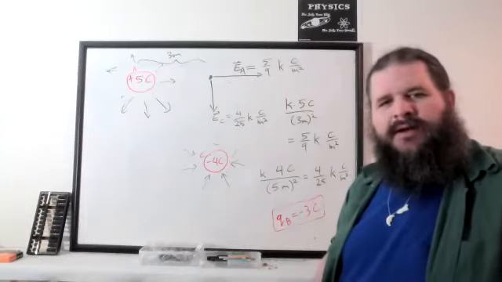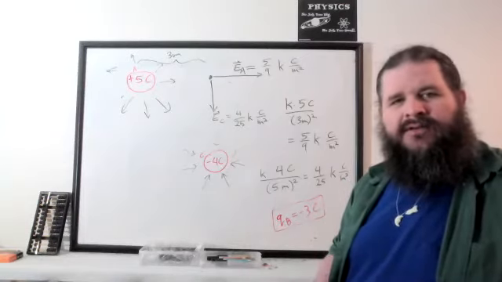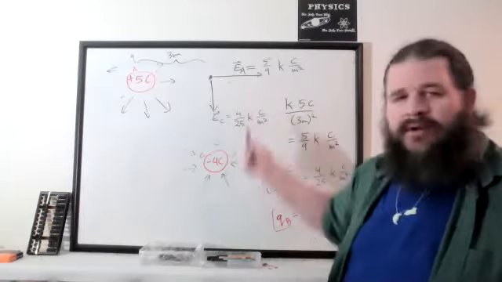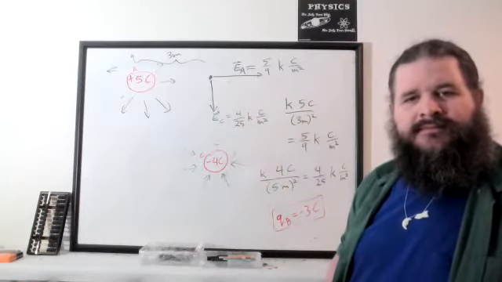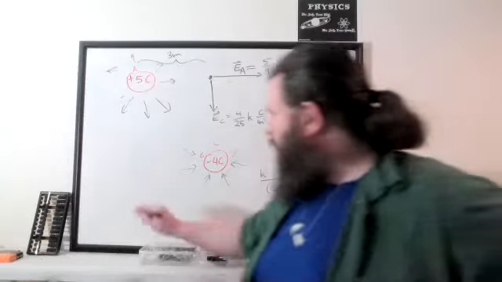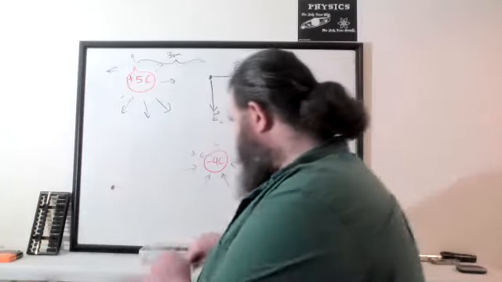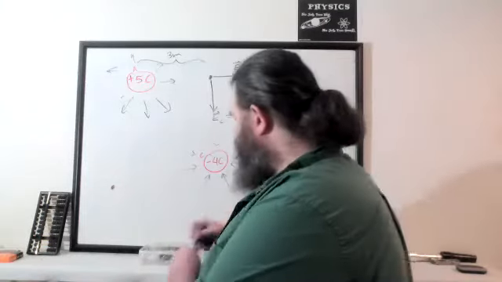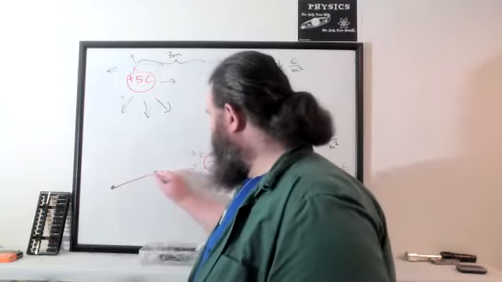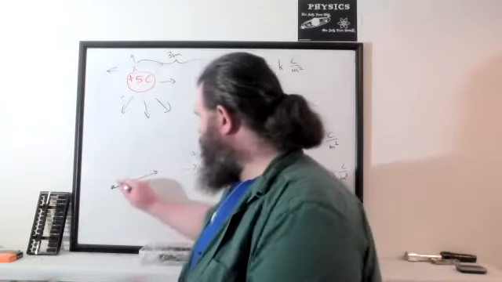By the way, have you seen the parallelogram shortcut for adding two vectors that are drawn from the same starting point? Where if you've got, let's say, this vector and this vector.